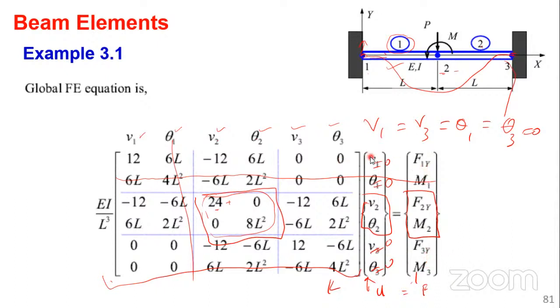You can just take the top row equation, which is the one that gives you F1y. So F1y is 12 V1, which is 0, then 6 times 0, minus 12 times V2. So F1y, actually we can even do it here. F1y, you can quickly see.